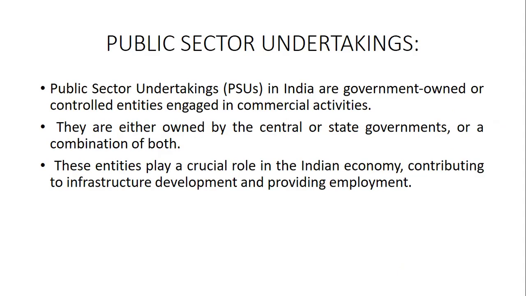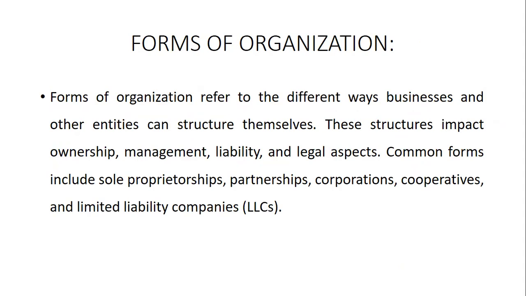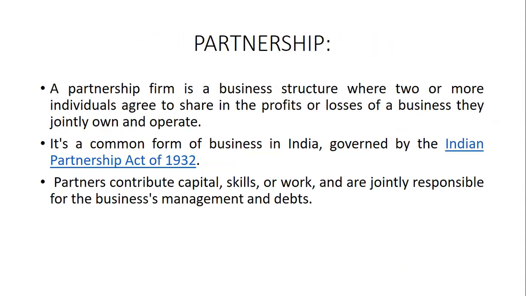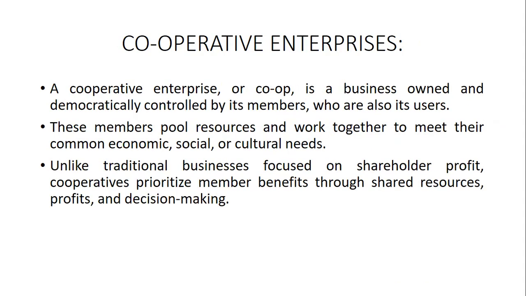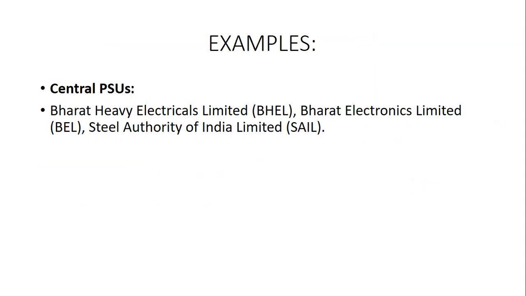So we have discussed the different types of organization under various forms of organization: individual ownership, partnership, joint stock companies, cooperative enterprises, public sector undertaking. These are some of the classifications of various organizations available.